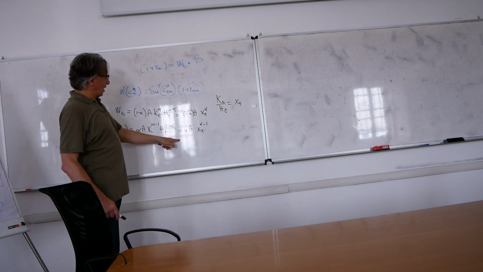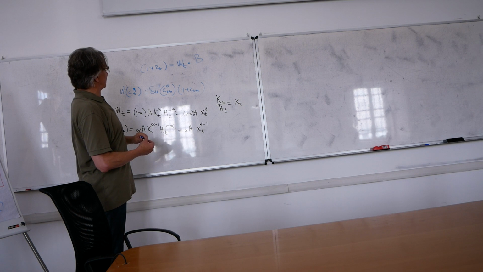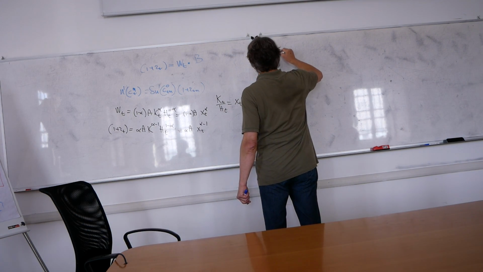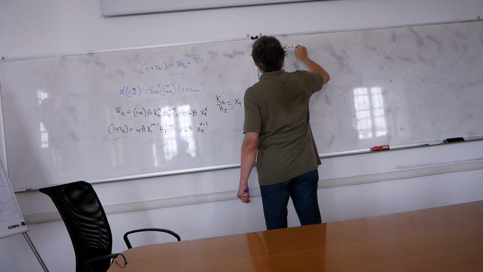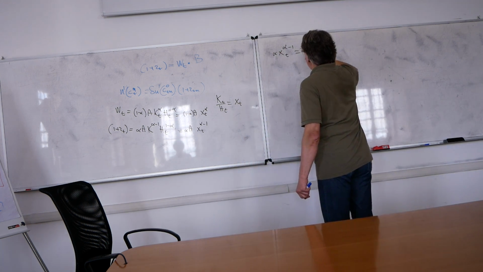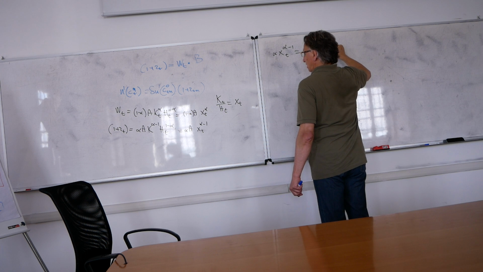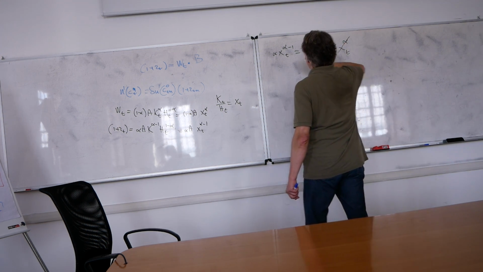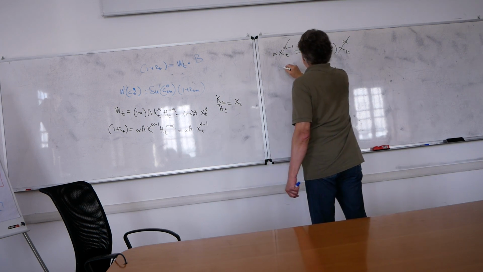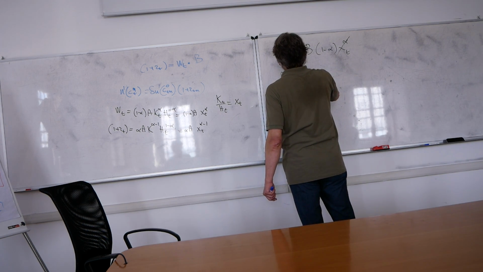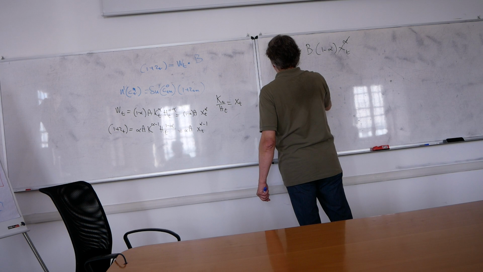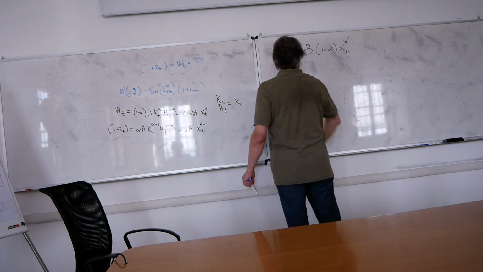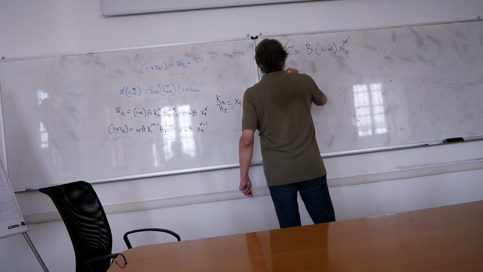I write 1 on one side, 1 on the other, I cancel, so what is it that I get? I get alpha x t to the alpha minus 1 equal B times 1 minus alpha times x t to the alpha. Very good. Look at that. Boom, bim, bam. Good.